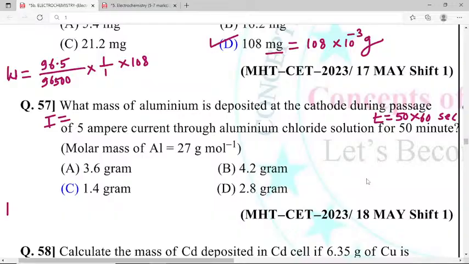W is equal to current in ampere 5 multiply by time 50 multiply by 60, this whole divided by 96500 multiply by mole ratio 1 by 3. Aluminum mole ratio is 1 by 3 and molar mass 27. If you solve this, we get the answer 1.4.